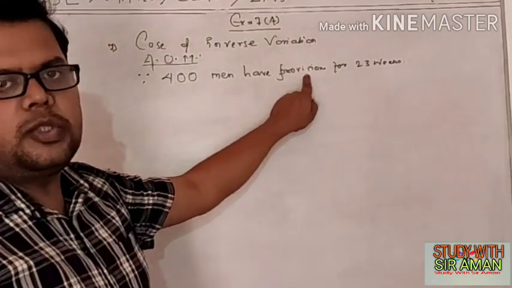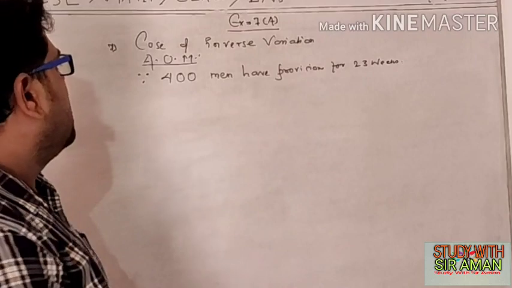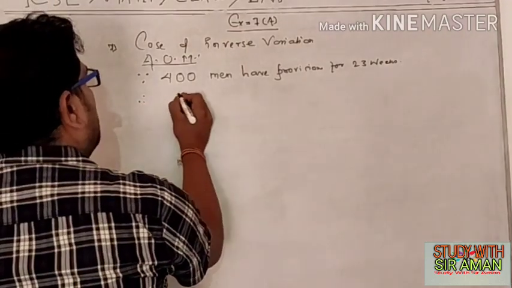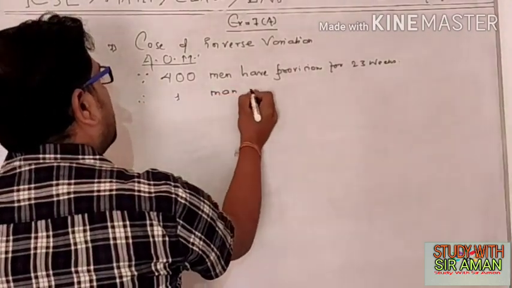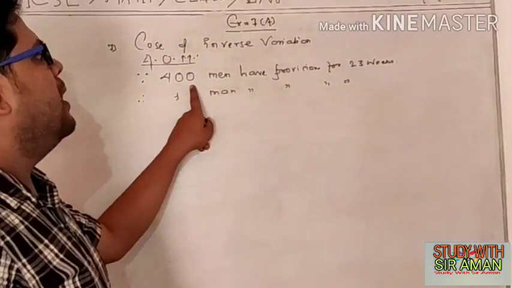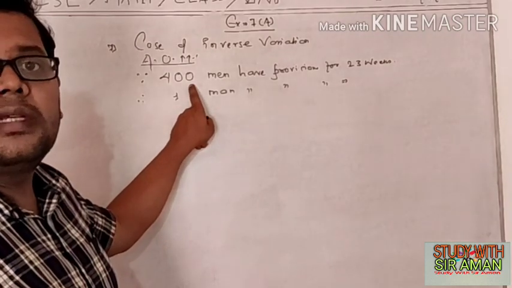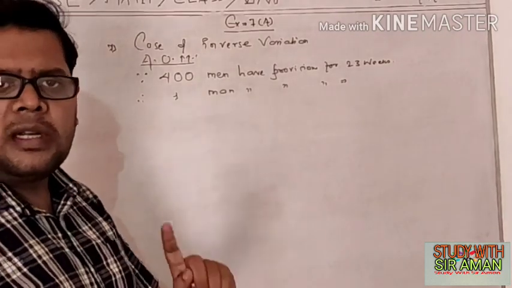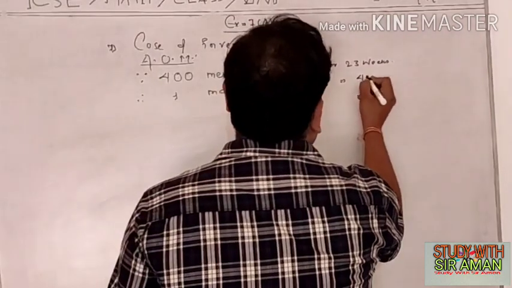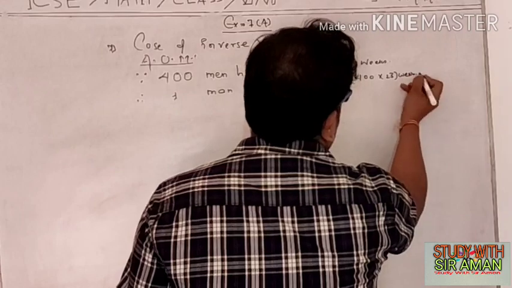Provision means food supplies for a big festival, a party, anything. Now, therefore, one man. If one man will eat all the food, how many days or weeks will he take? More or less? More. More means multiply, 400 into 23 weeks.